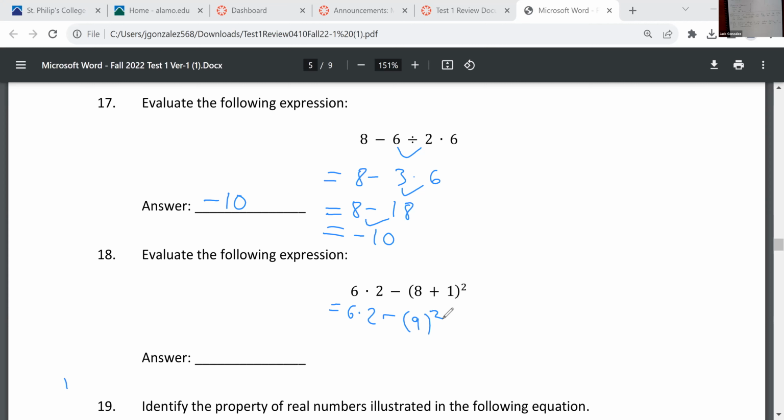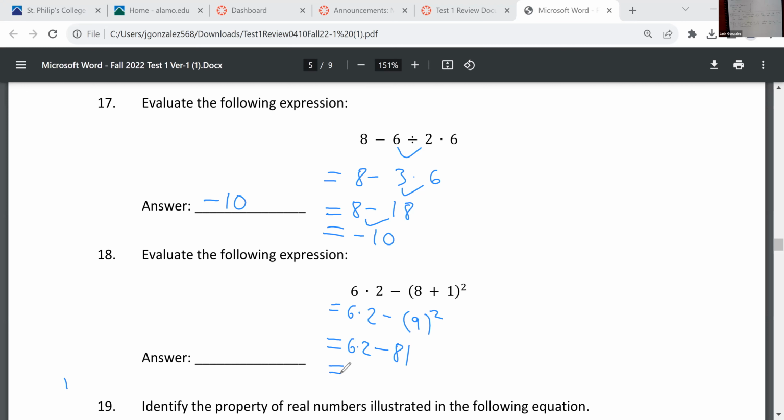Now left to right, the highest priority I see is the exponent. Stick to the rules, left to right, the exponent has higher priority. Although in this case, if you multiply first, it wouldn't mess it up. But let's stick to the procedure.